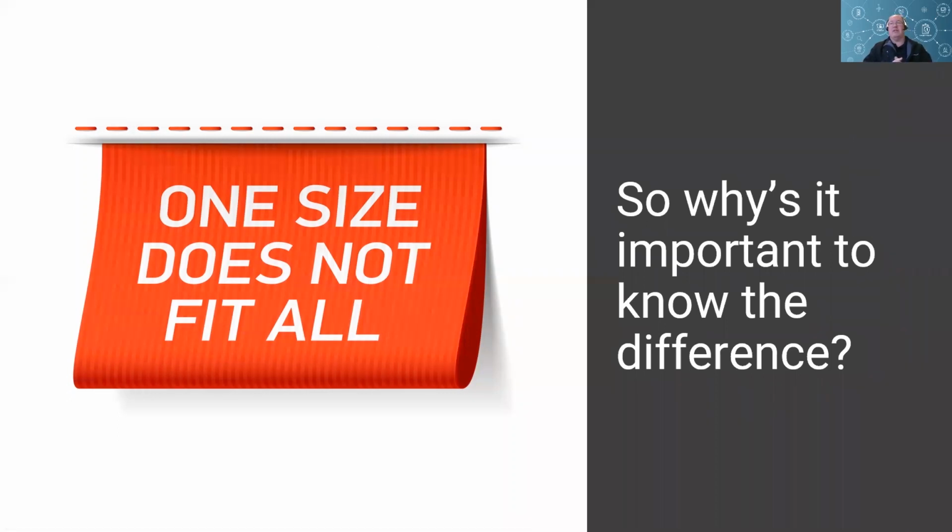So, what's the difference? One of the considerations in putting together a program to assess the risk of your third parties is that it's not a one-size-fits-all exercise. You're going to have many types of partners that you interact with, large, small, with different levels of information that you'd be using with them.